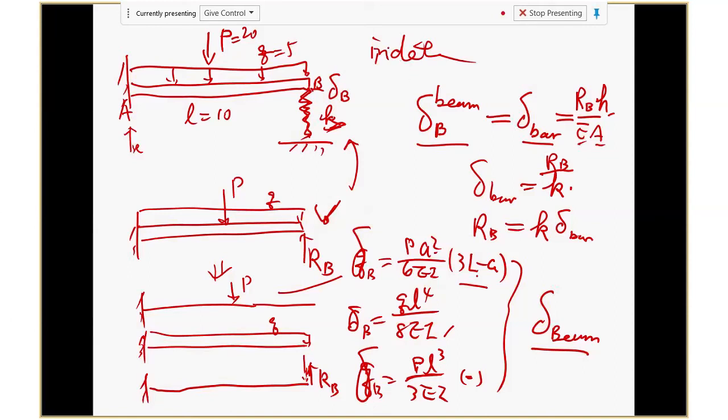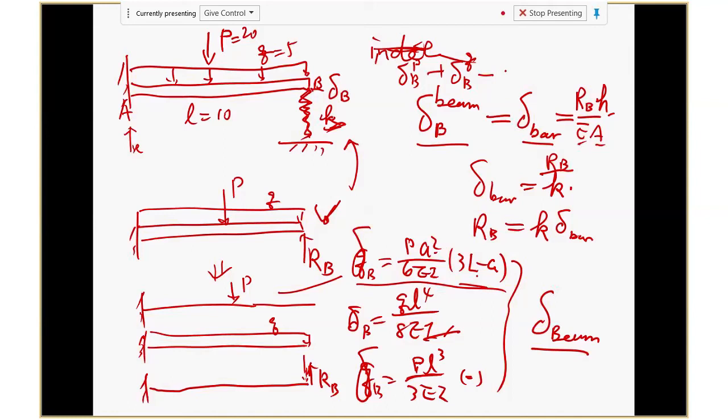It's hard to find the space. So maybe I'll write at the top here. Okay, so the first one will be this term. So I'll write the delta B from the load P, then plus the delta B from the load Q.